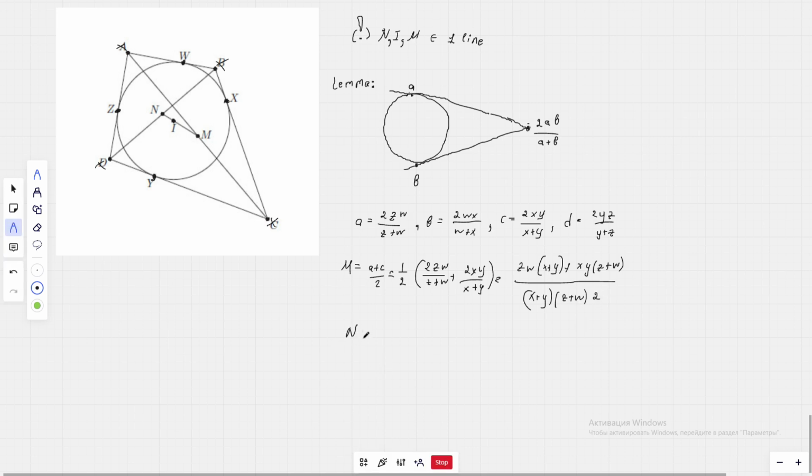We can do the same thing with n, which equals (b plus d) over 2, and it will give us the corresponding expression.